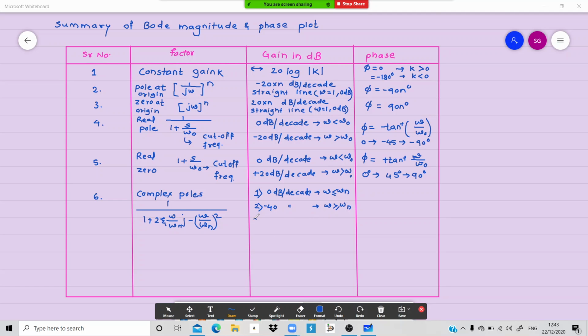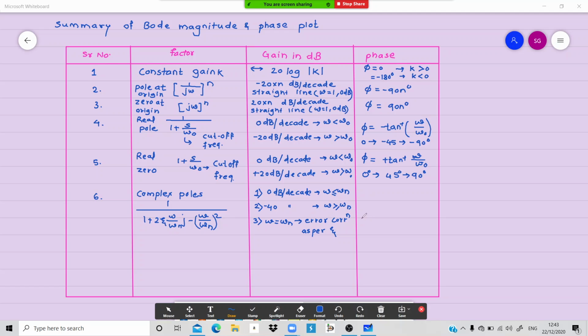And the third thing, when omega was equal to omega n, was a correction factor, the error correction as per zeta. As zeta decreases, it gets increased, right?